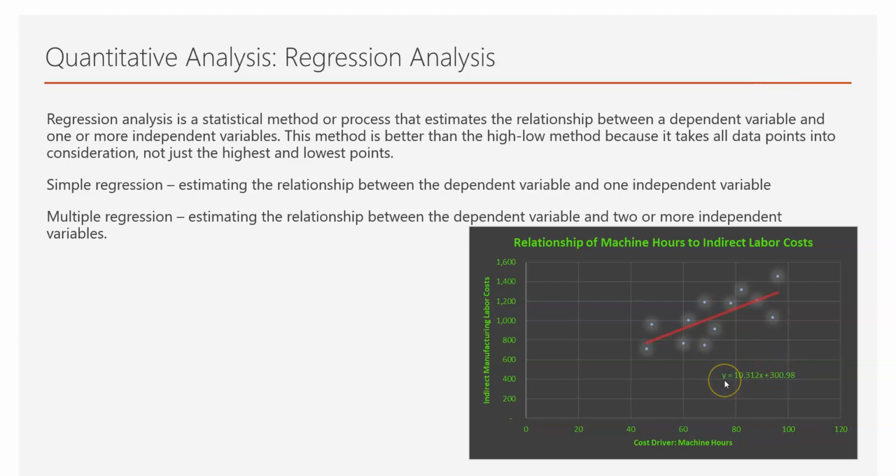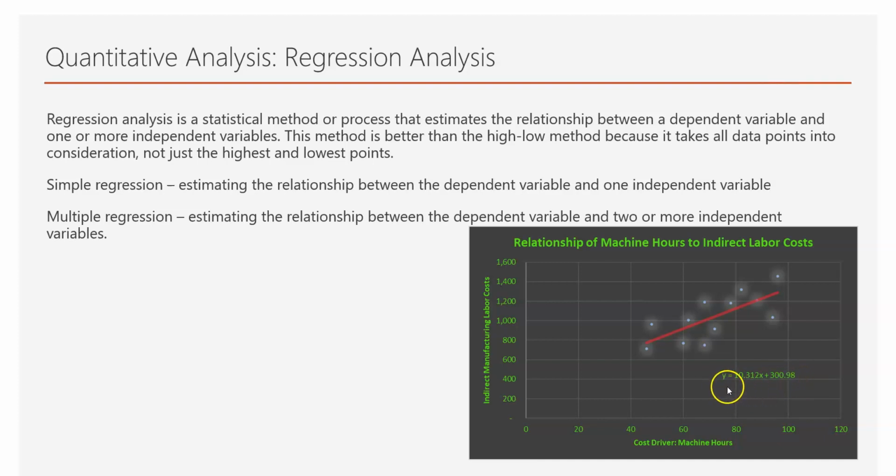So when you're identifying this, see where the x is. That x lets you know that the number right in front of it is your slope coefficient. So my slope coefficient is 10.312 plus, and then my fixed costs are 300.98.